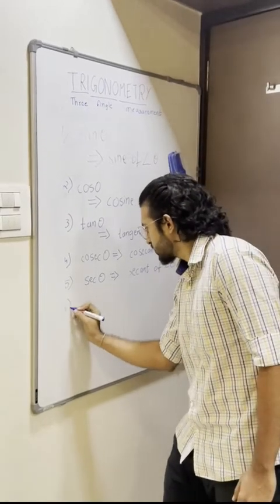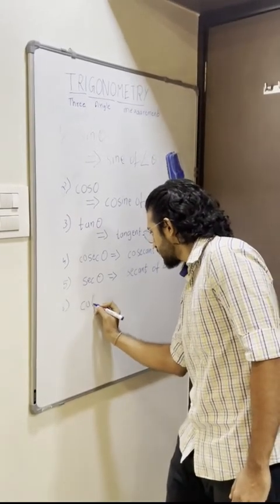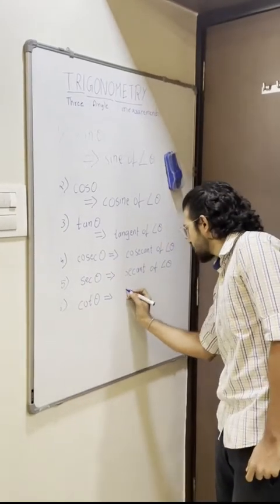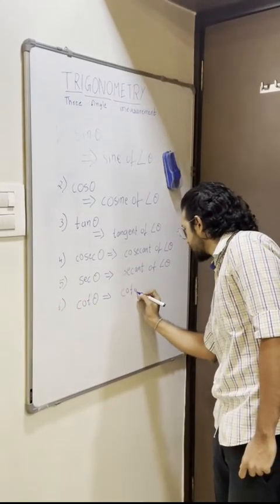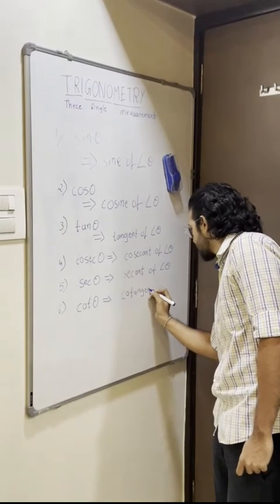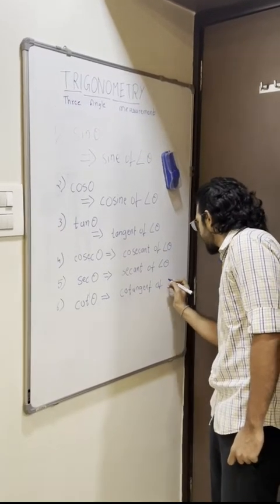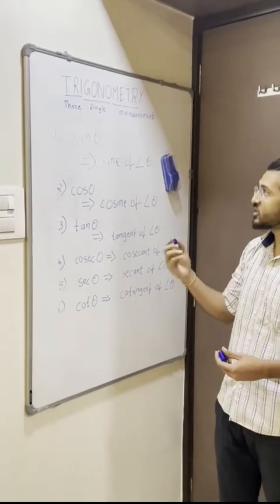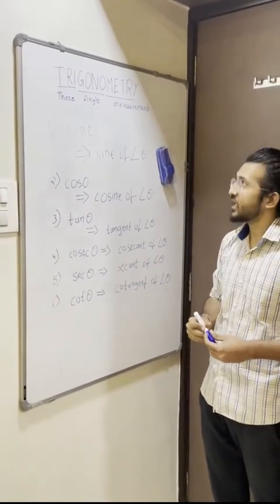The sixth one, cot theta, which implies cotangent of angle theta. So as we have seen, there are 6 trigonometric ratios in trigonometry.